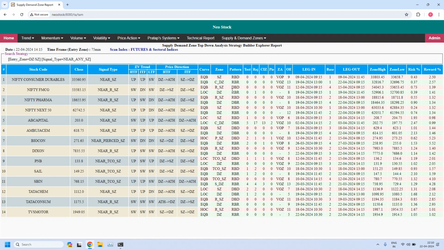So total how many high liquidity zones are there in this list? Dixon, this is the first one. Tata Consumer, second one, and TVS Motor, third one. So we have identified 3 high liquidity supply zones from 75 minutes time frame.